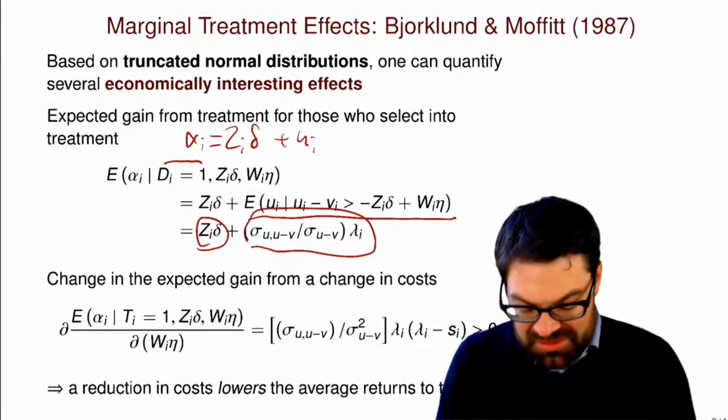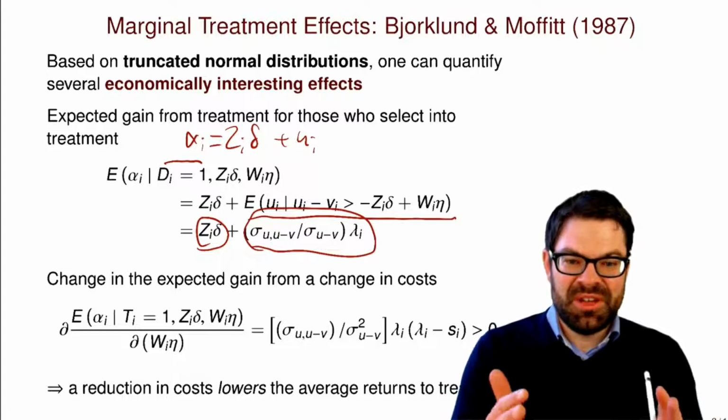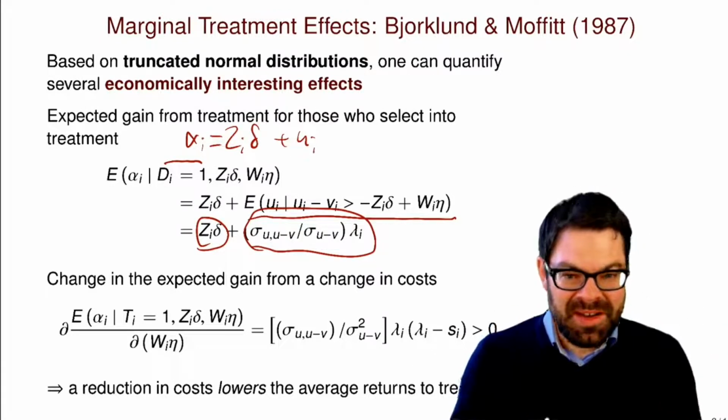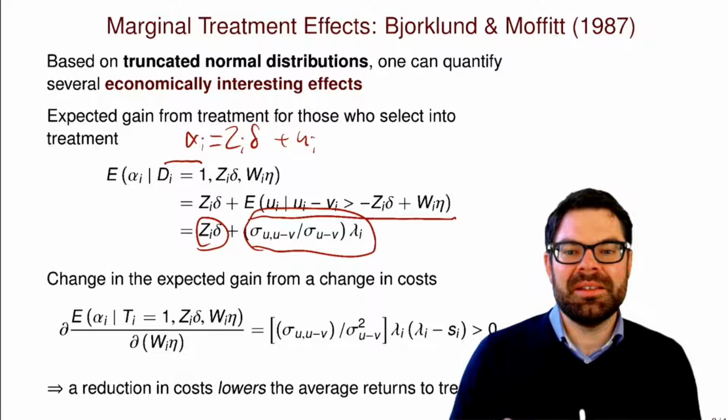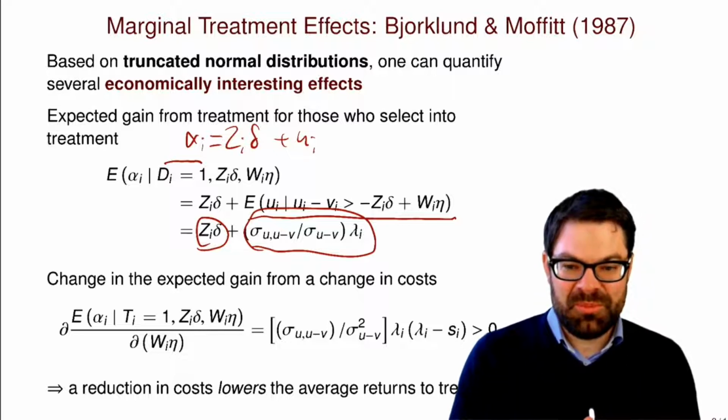So where in the distribution of the gains from treatment are they? Are they at the top or are they at the bottom? That obviously determines the average gain of those people.